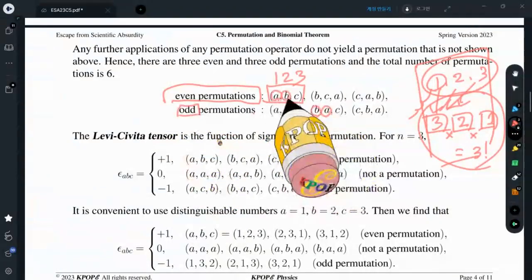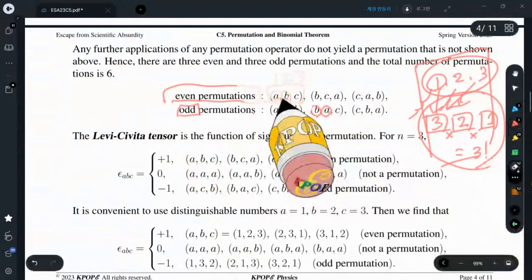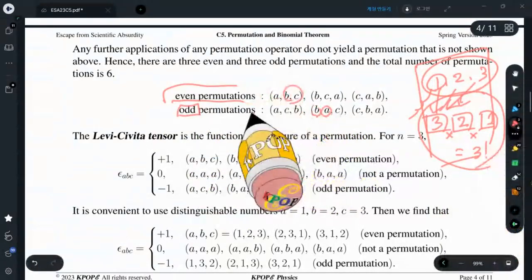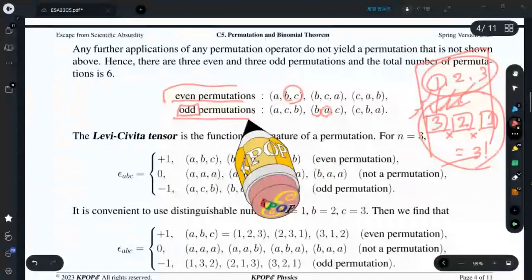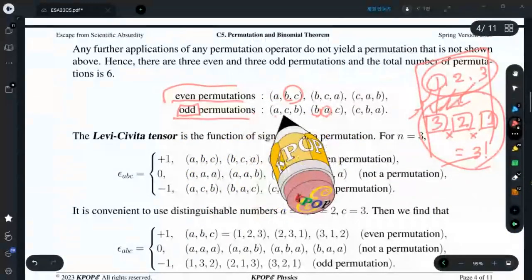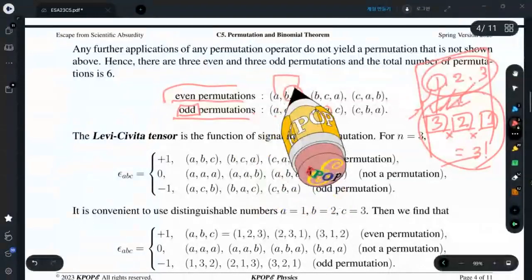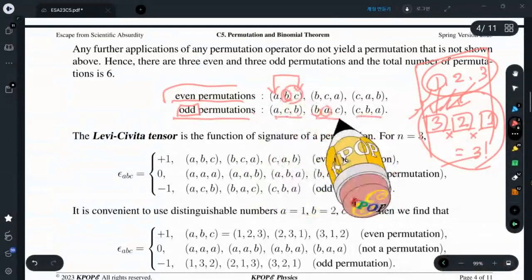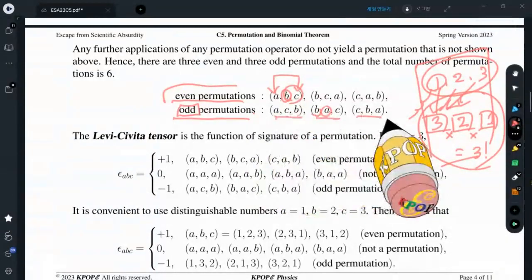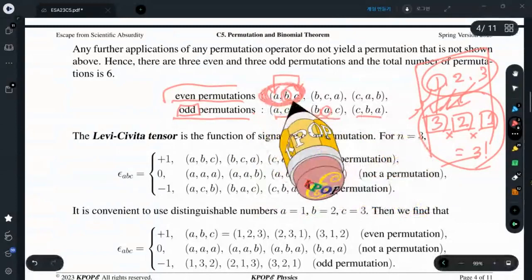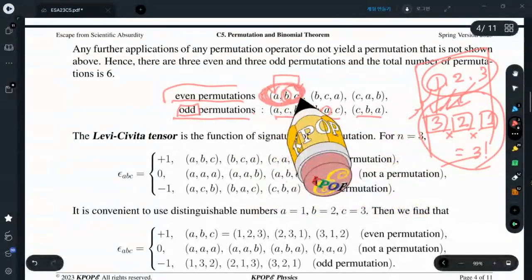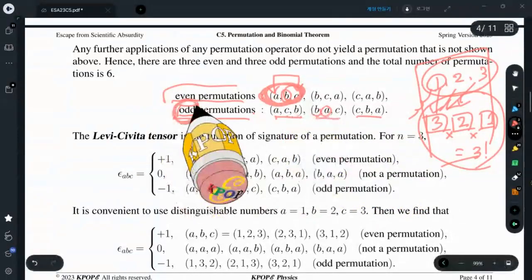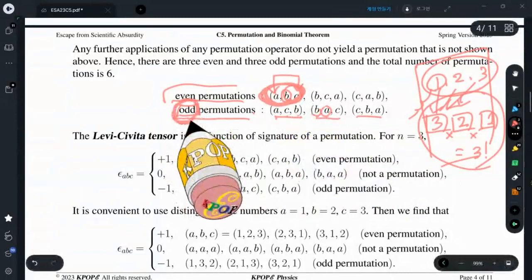The result is a single permutation, odd permutation, the answer is A, C, B. And then we exchange these 2, keeping B the same. So all these 3 permutations are obtained from the original even permutation by applying the permutation operator only once. That is an odd number, so we claim that they are odd permutations.